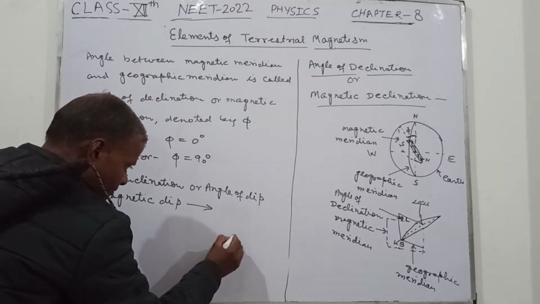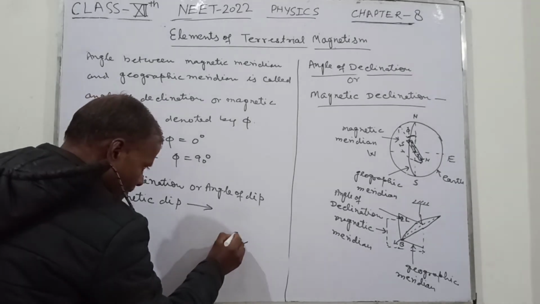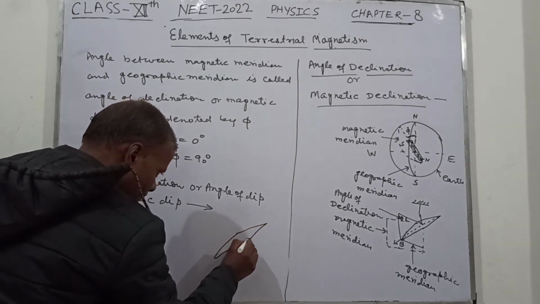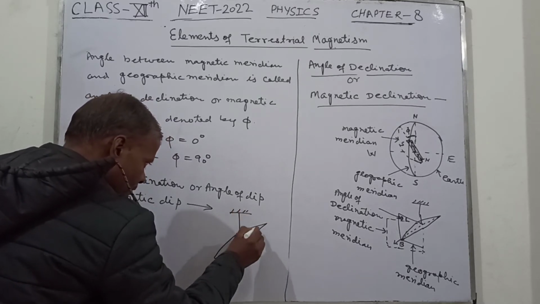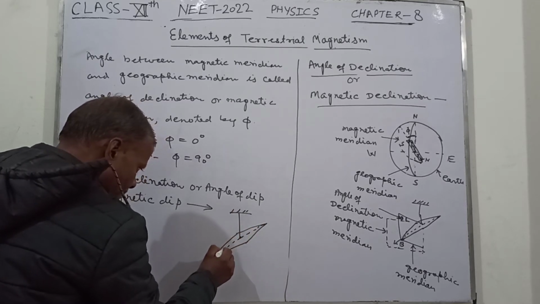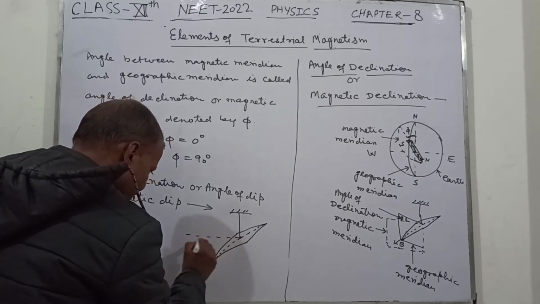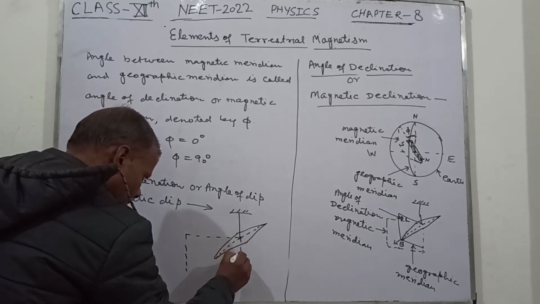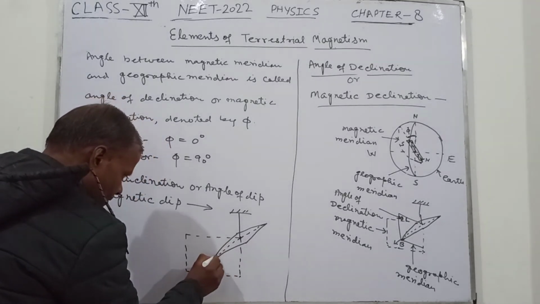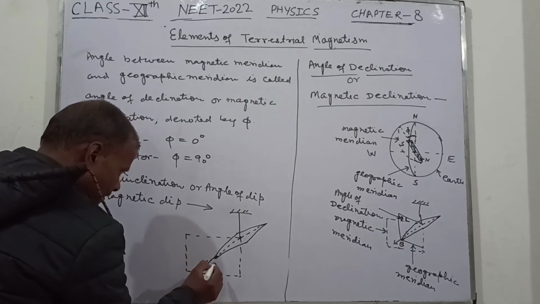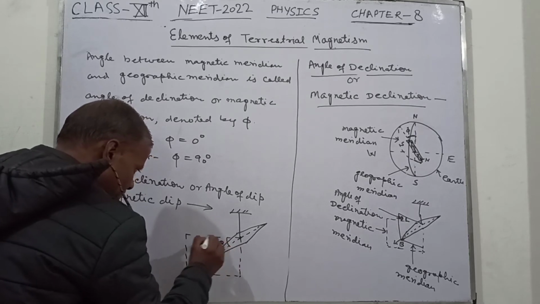This is the magnet, this is the magnetic axis, then this is the magnetic field B, and the angle between them is theta.